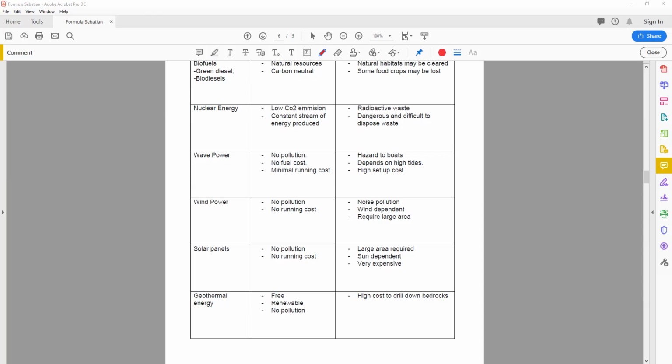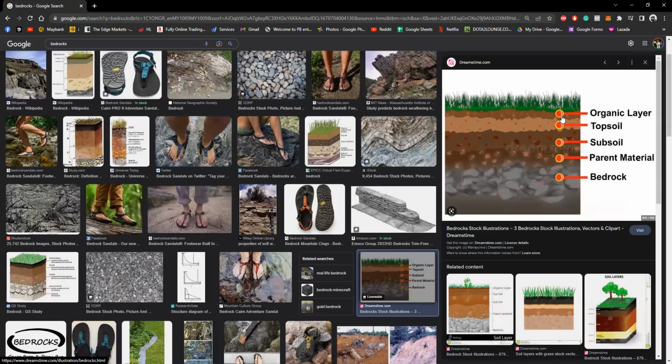Yeah, this is what we call the bedrock. This part is very easy to drill through: organic layer, topsoil, subsoil, parent material, all very easy to drill through. But if you want to drill all the way to the Earth's core, you have to go through this bedrock, which is very, very hard and very, very dense. So usually it will cost a lot to drill through that. Right. Okay.